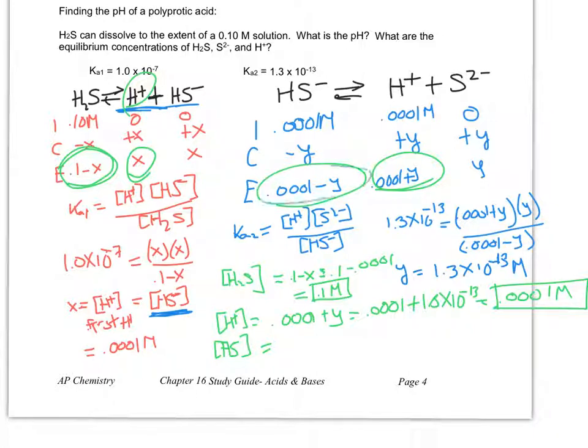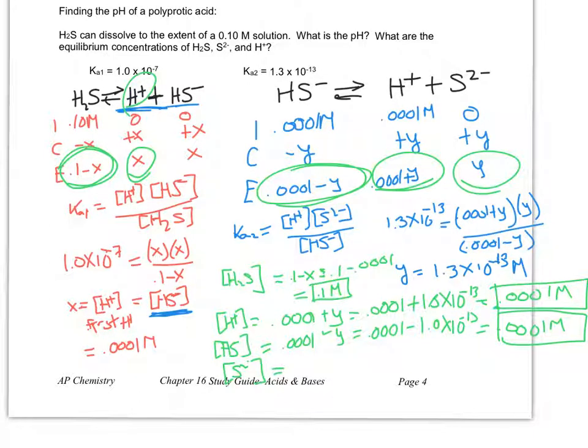After my second equilibrium, it's 0.0001 minus Y, which is 0.0001 minus 1.3 times 10 to the negative 13th, which is also 0.0001 molar. And then S2 minus at equilibrium is equal to Y, so it is 1.3 times 10 to the negative 13th molar.